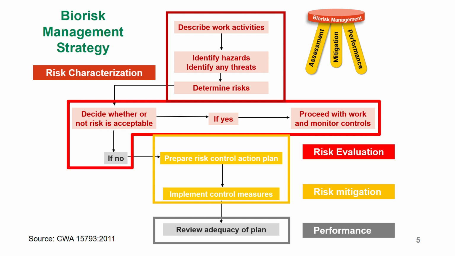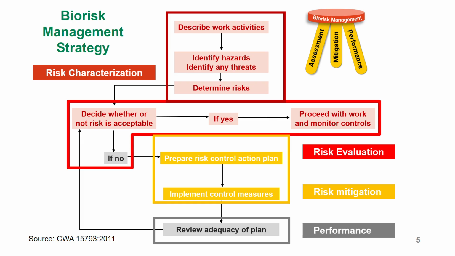So after checking your performance, you need to go back and ask yourself, is this risk now acceptable? Remember, this risk was unacceptable in the beginning. That's why we went through all these processes of trying to reduce or eliminate it. So now you ask again, is this risk now of us handling Ebola acceptable? Has the risk reduced, or have we completely eliminated the risk? So you ask that question again.